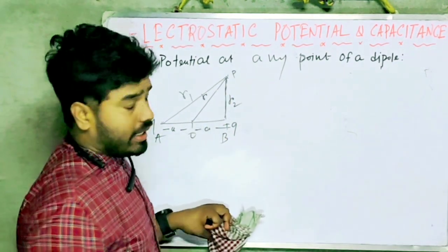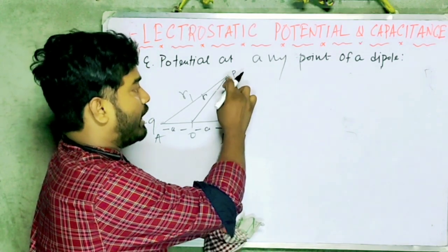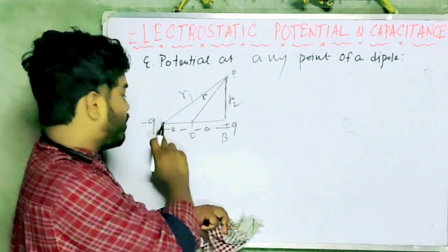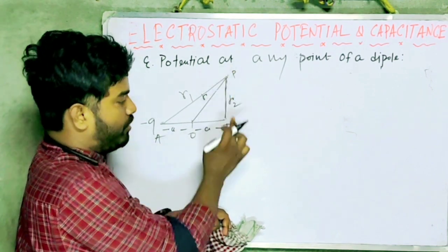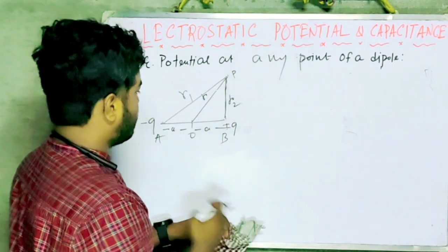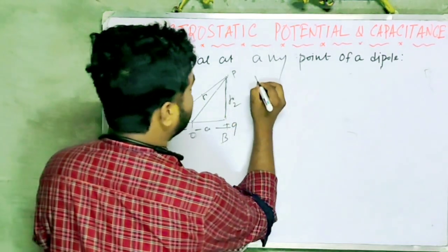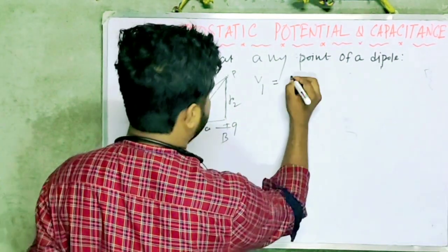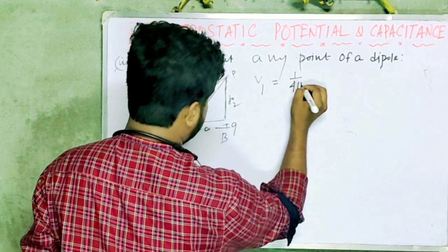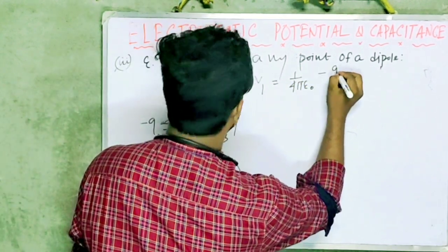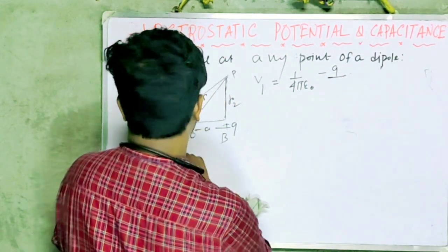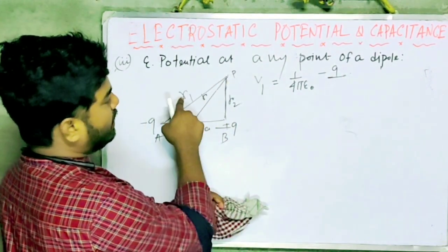The method is the same. At first we calculate electric potential at point P due to minus Q, then electric potential at point P due to plus Q. For minus Q, the expression V1 is equal to 1 by 4 pi epsilon naught minus Q by AP, and the value of AP is R1.